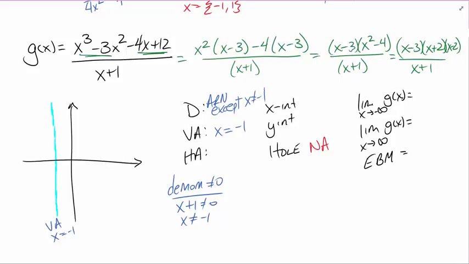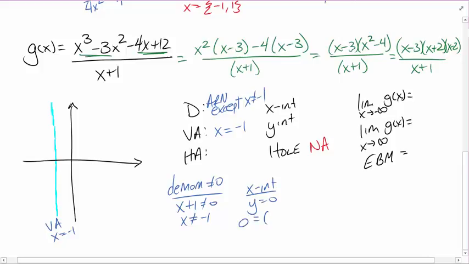From there, where do we go? Really your choice. X-intercepts: we're going to set y to 0. All we really care about is the numerator equaling 0. It's nice that we already have this factored, and we can find three values of where we're going to be: negative 2, positive 2, and positive 3.